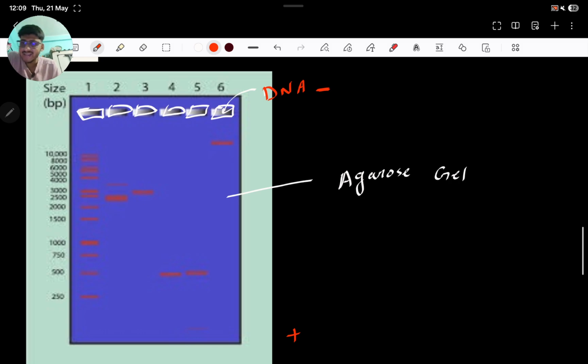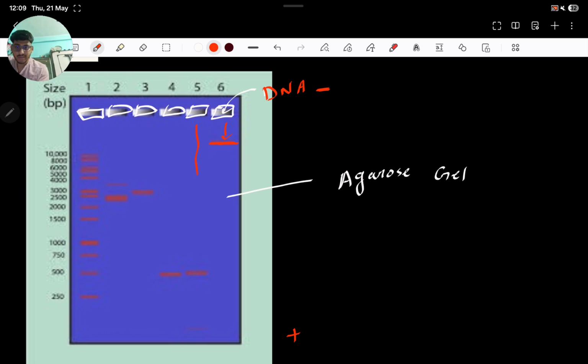Now it is very clear that if the molecular weight is very high, suppose it is 10,000, see, this is the 10,000 one. The 10,000 band is coming over here. Why? It is unable to move forward. Okay, it has just moved this much.